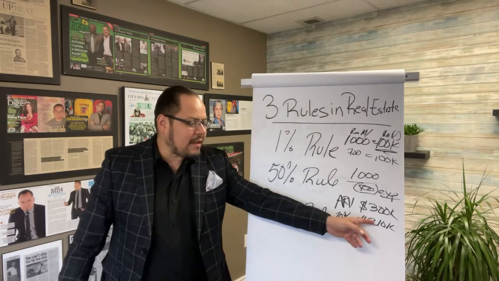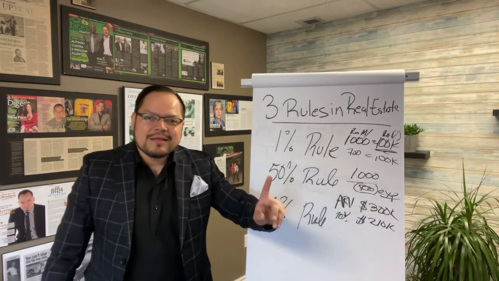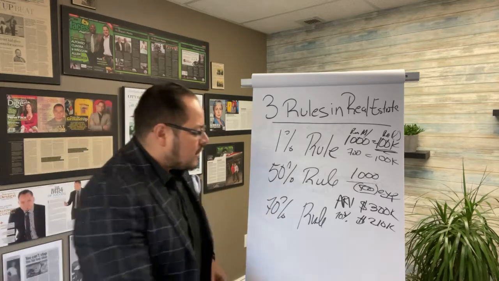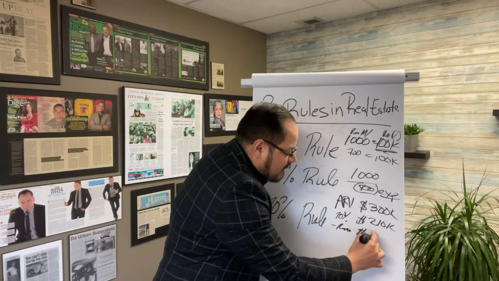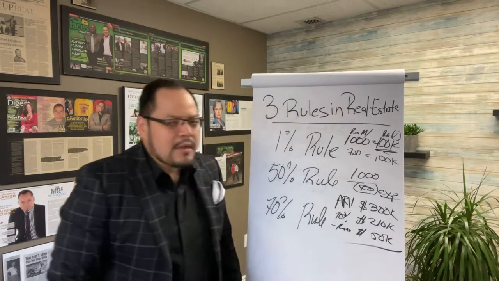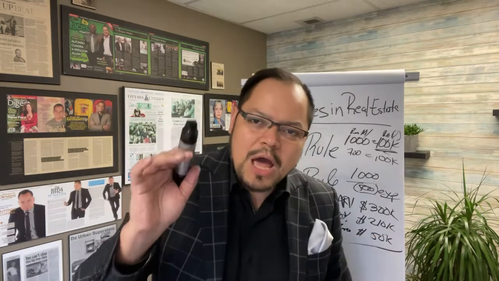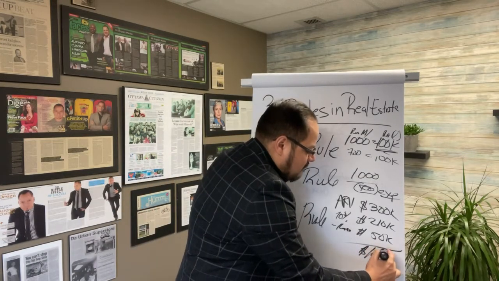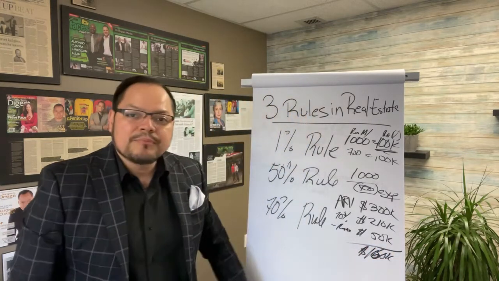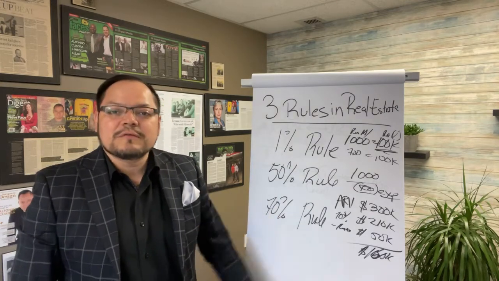So I'm not going to pay more than $210,000, but there's also renovations involved. So I will subtract the renovations from there. So let's say the renovations are around $50K. That means I would not pay more than $160,000 for this property.